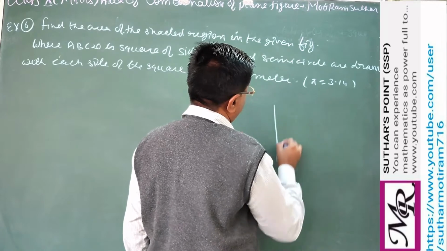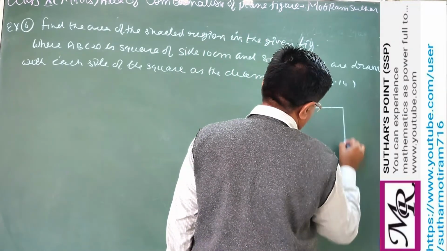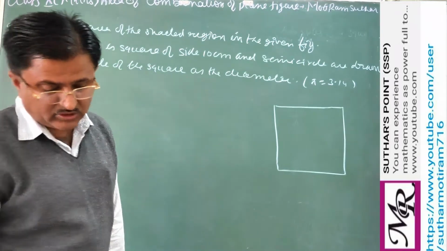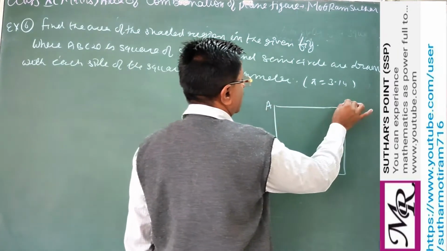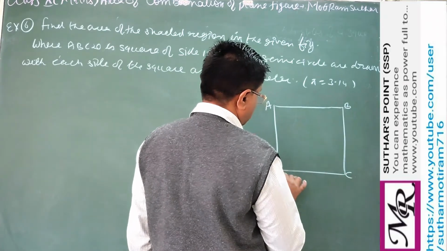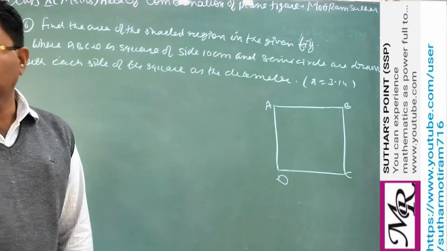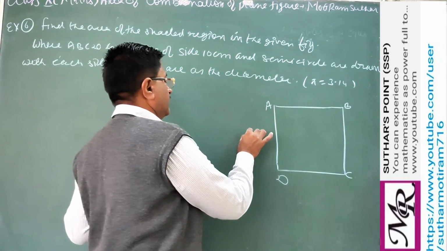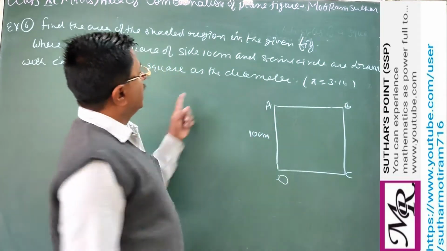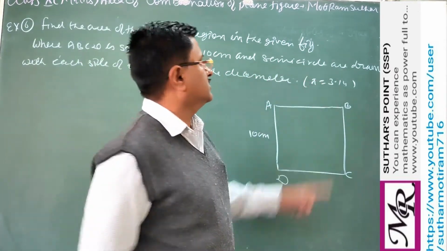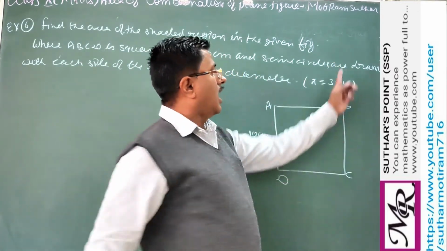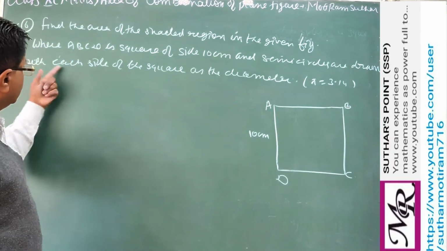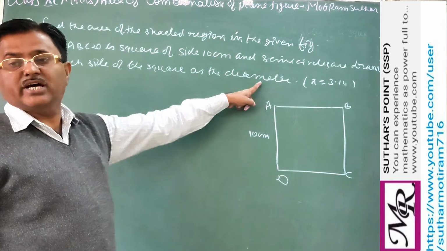So we are given a square. First of all, draw the figure. Suppose we are given a square ABCD. The question says ABCD is a square of 10 centimeter and semicircles are drawn with each side of the square as the diameter.